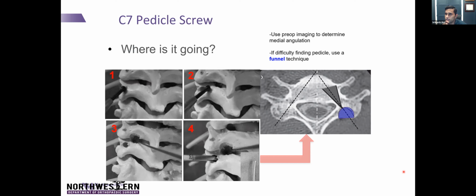Maybe if you're doing a C3 to T1 construct, it adds more strength. But if you're doing a C2 to T1 or C2 to T2, then I doubt it. I think you can go much quicker with lateral mass screws and save yourself time. And again, the safety: a medial breach could be pretty catastrophic there, or a lateral one into the vertebral artery.